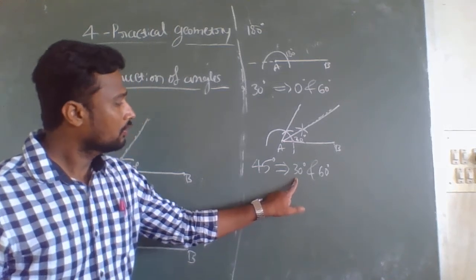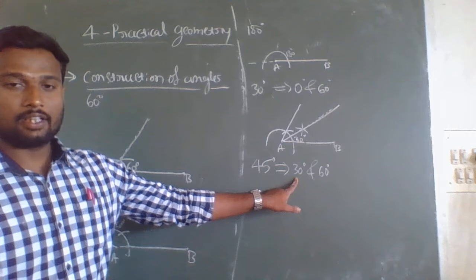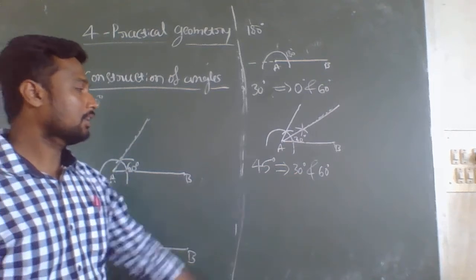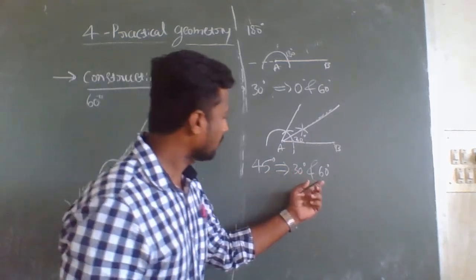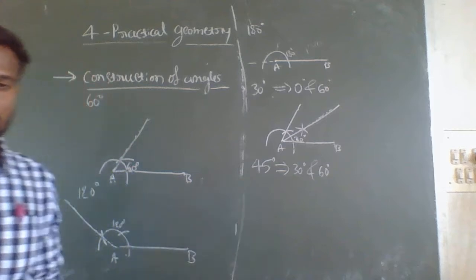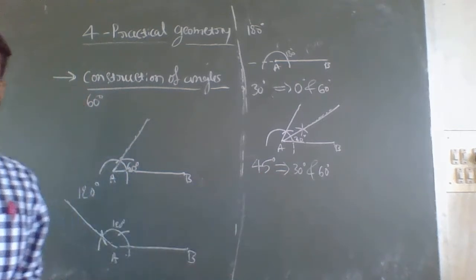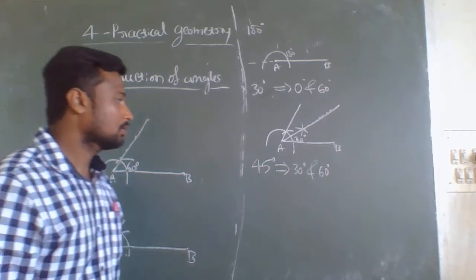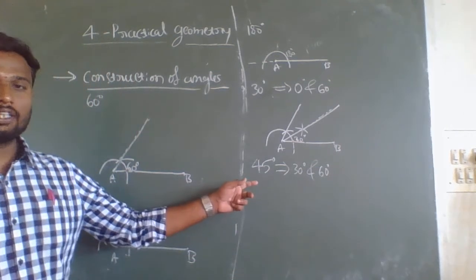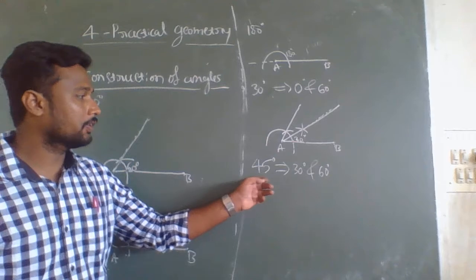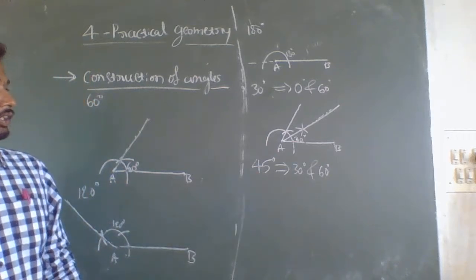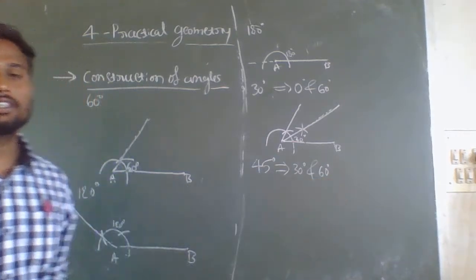Why? 45 is 15 greater than 30 and 15 less than 60. Therefore 45 is between 30 and 60. So to draw or construct 45 degree, we should construct 30 degree and 60 degree also.